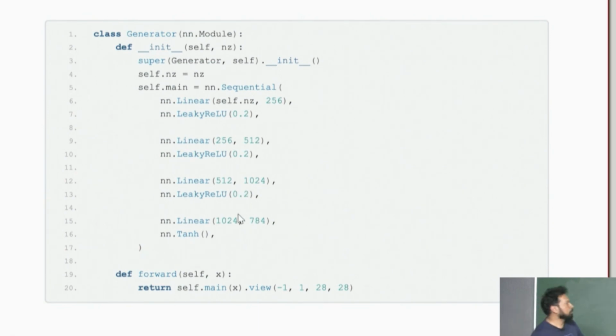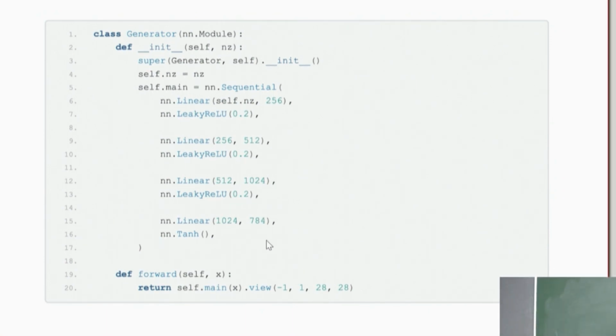So this is how neural networks are, right? Neural networks are powerful, but they look very simple. One after the other, it is just linear and activation, and then finally 1024 input and 784 output. 784 suggests something, right? It's MNIST. The usual MNIST is 28 by 28, which you can also see from here. 28 times 28, I believe, is 784.